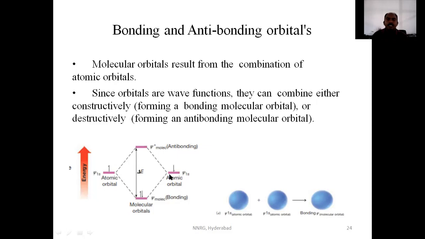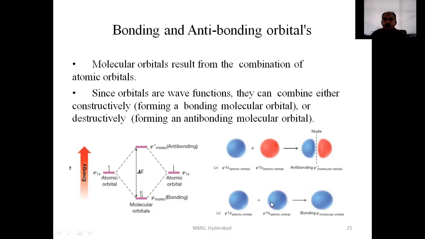When they combine with each other, a molecular orbital is formed. Bonding takes place because of like phases. If you see here, the atomic orbital of blue color, one phase of the 1s orbital, will combine with another 1s orbital of blue color to form a molecular orbital.